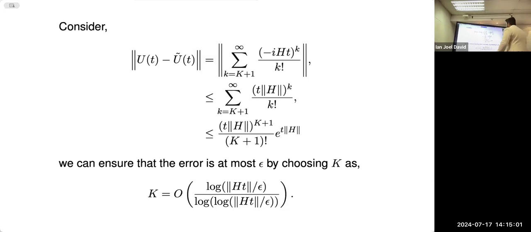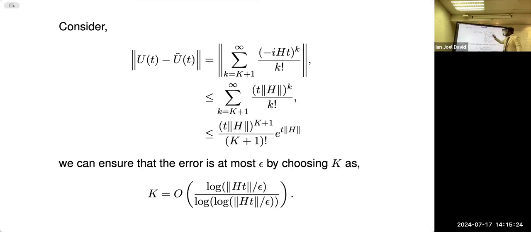So we need to bound the error, and by now, I think everyone here should be an expert on bounding error in these things because it's so straightforward. Effectively, if we take the norm of the difference, because we started out from the Taylor expansion of U of t and we chopped it after order K, we know that from 0 to K, all the terms will cancel exactly.